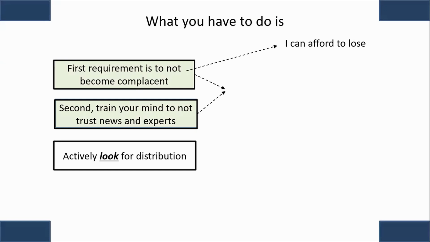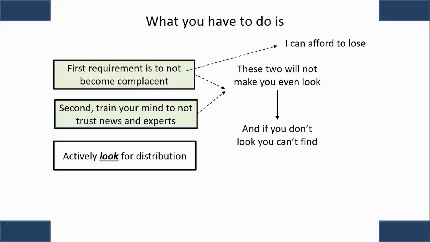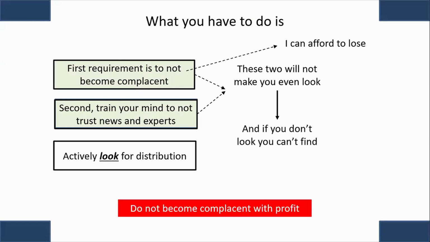So these two states of mind, where we are complacent and we are trusting the media and news and experts, then we will not even look for distribution because we are not worried that market could fall. So not becoming complacent when market is at all-time high is the first trait which we have to build.